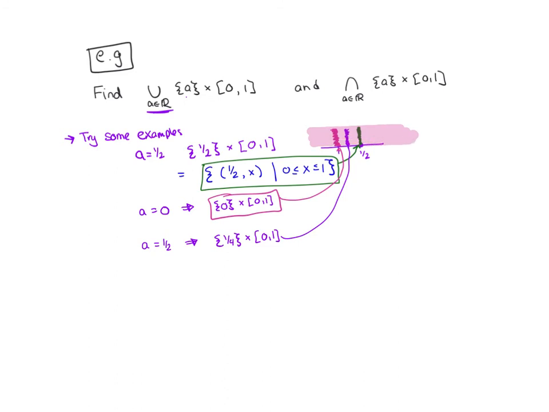So my union over all real numbers, where the first coordinate is a real number and the second coordinate is a number from [0, 1], is just going to be R cross [0, 1]. Because if I take anything in this set, it's going to have an x in the first element, where x is in R. It's going to have something from 0 to 1 in the second element, and each of those is going to appear in one of the sets in this union.